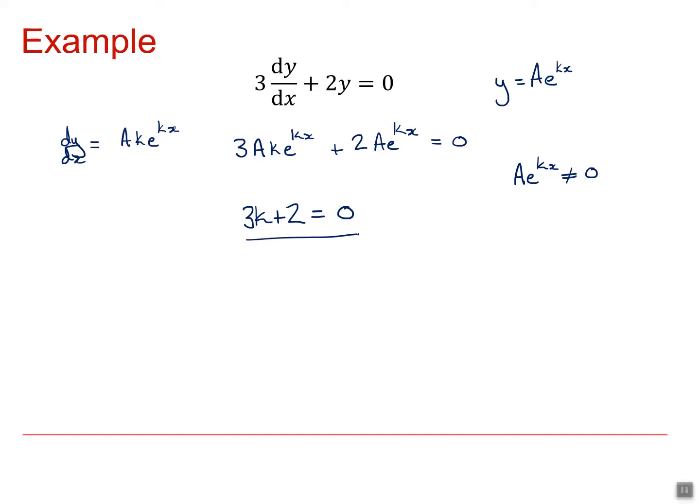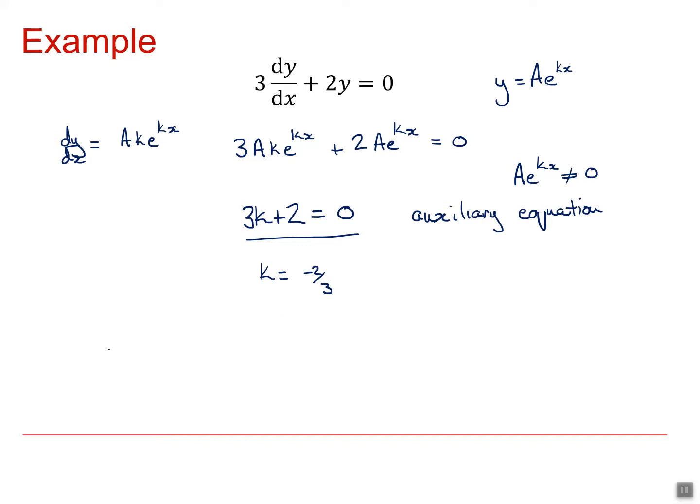And this equation we call the auxiliary equation. Now if we solve that, that gives me that k is equal to minus 2/3.